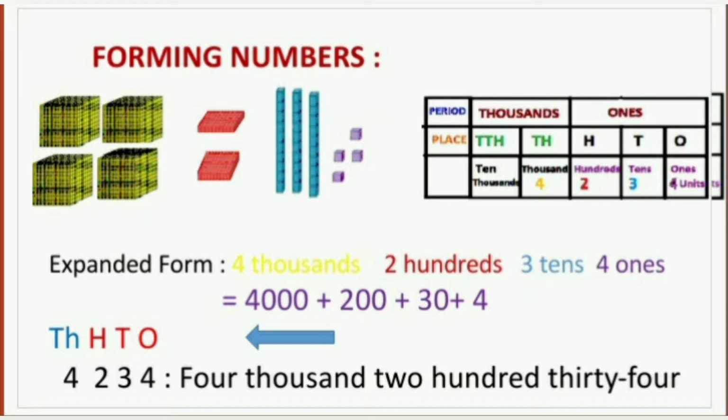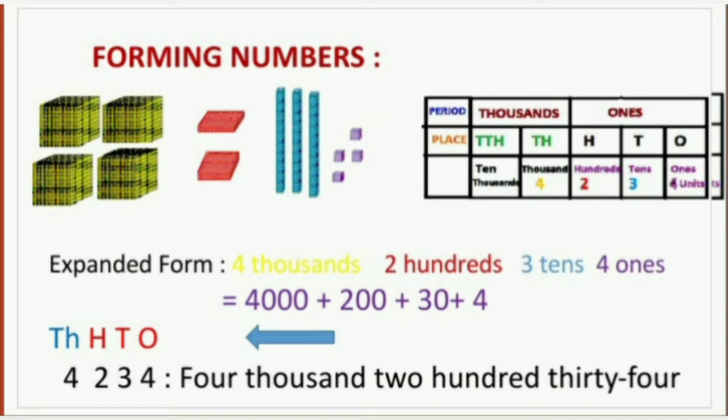Now when you build a number, what you need to do is write the places, which are shown here as ones, tens, hundreds and thousands. Now just see the table given there. Here you can see the periods, ones and thousands.